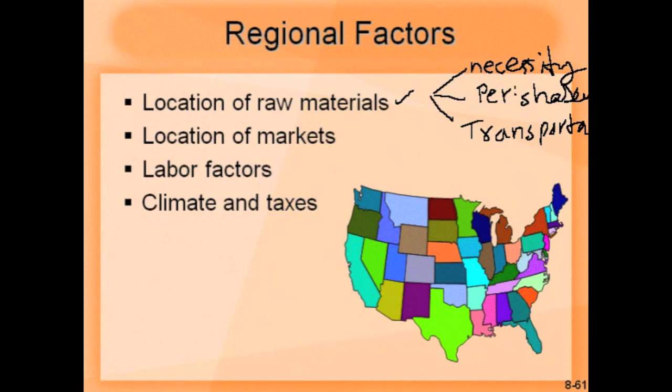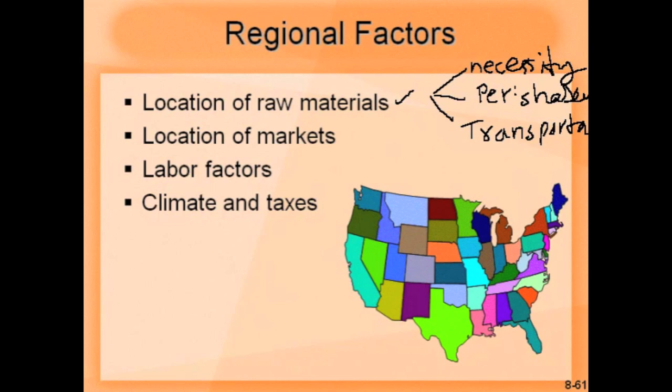So they want to locate somewhere they can get that kind of supply. If you look into services, say car rental, they may want to locate somewhere near the airport where they can attract more traffic. So location of raw materials and the 3 reasons are associated with regional factors.